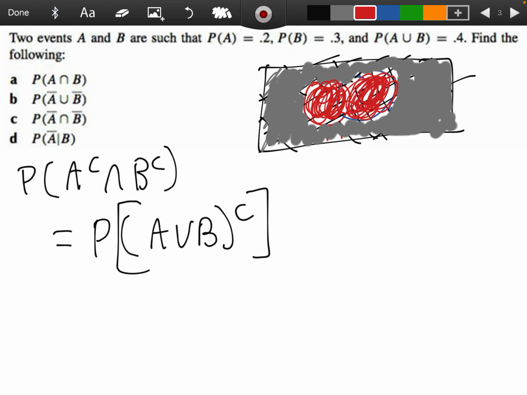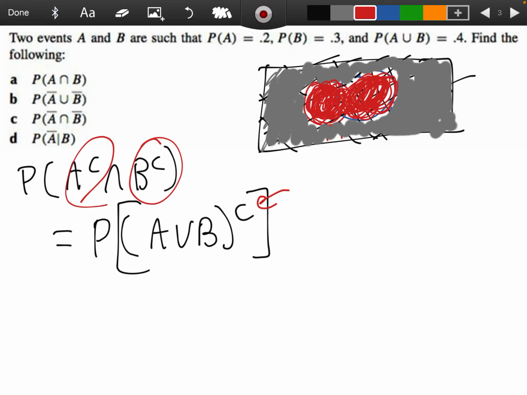Anything that's A or B or both. And so anything that's not anywhere in A or in B is the complement of A union B. And that's the same thing as the overlap between not A and not B. Okay, well, that's good.